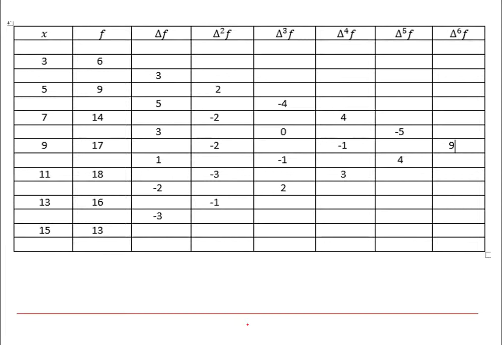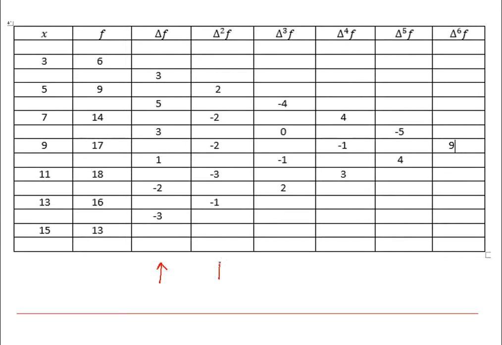So hopefully you've got these values here, and notice that in none of the difference columns do we get any constant or approximately constant values. So had we had roughly constant values as the first difference values, then we could have said that a straight line was an approximate fit to the data.